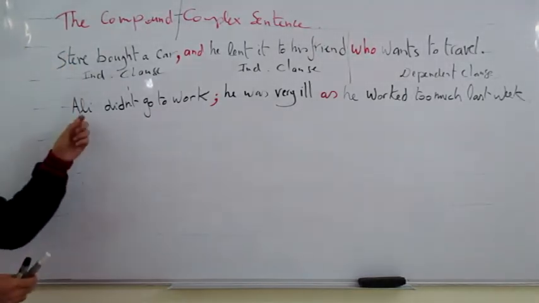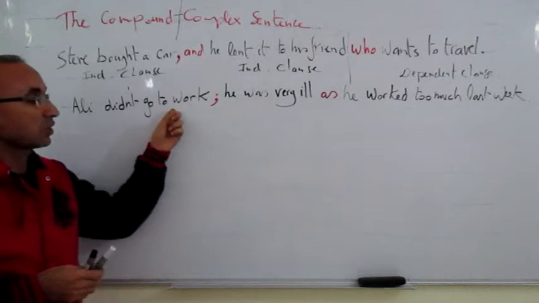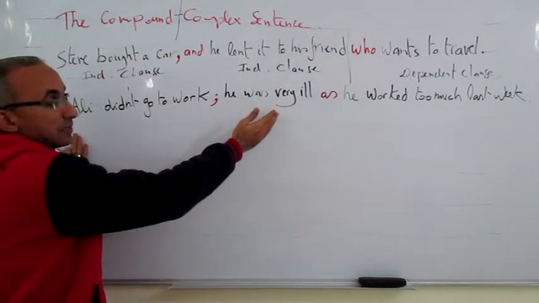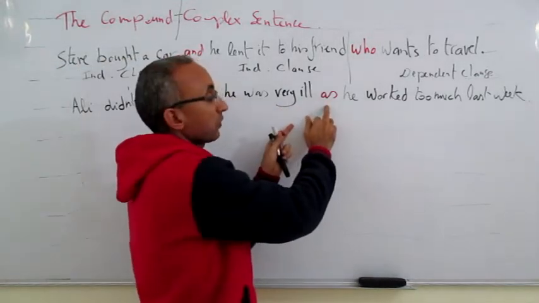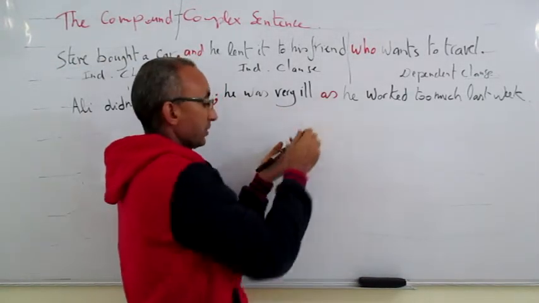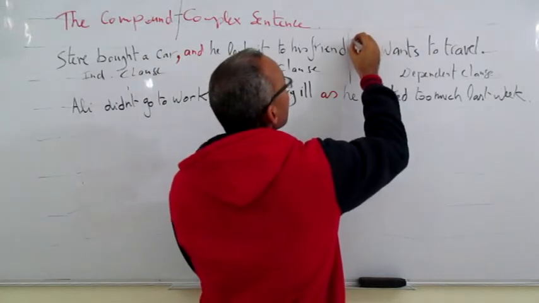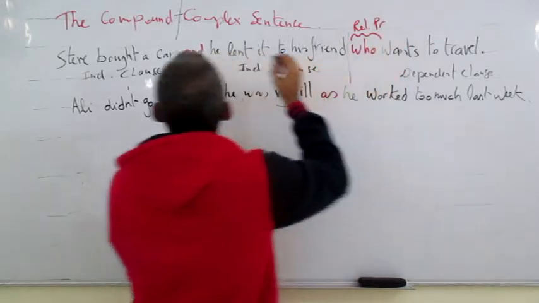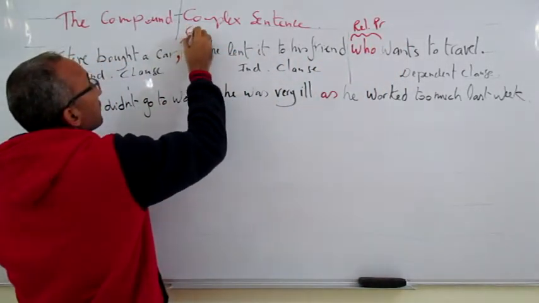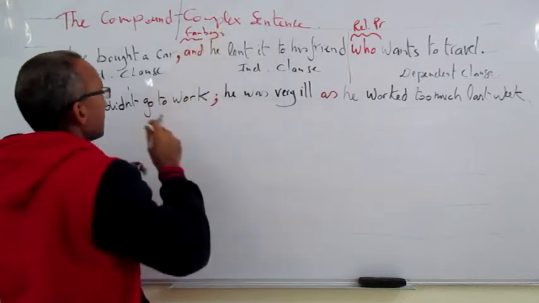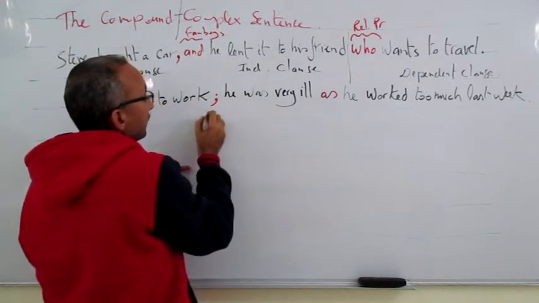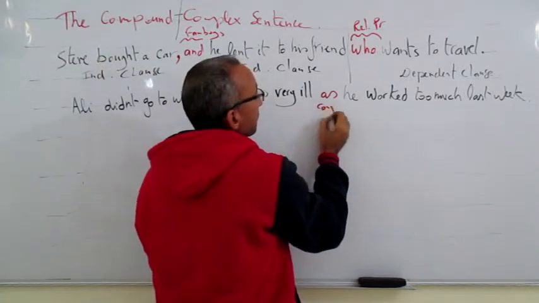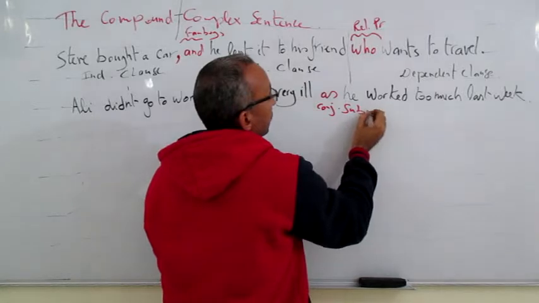So here I have Ali didn't go to work, he was very ill. This one represents my compound sentence, plus as, which is a conjunction of subordination. Here I have the semicolon, plus a conjunction of subordination.